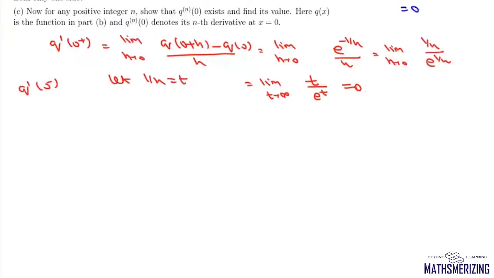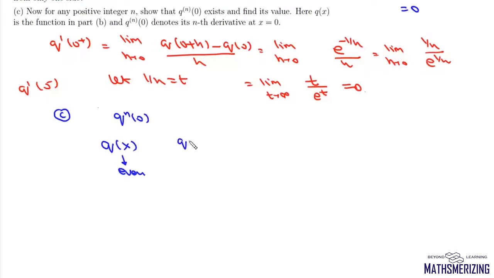Now part C is, for any positive integer n, show that q^(n)(0) exists and find its value. Here q(x) is the function in part B, and q^(n)(0) denotes the nth derivative at x equals 0. Now for this part C, we have to find the nth derivative of this function at 0. Now we know that q(x) is an even function.